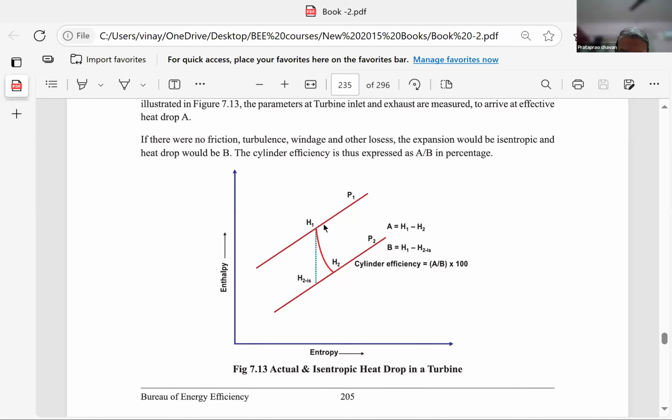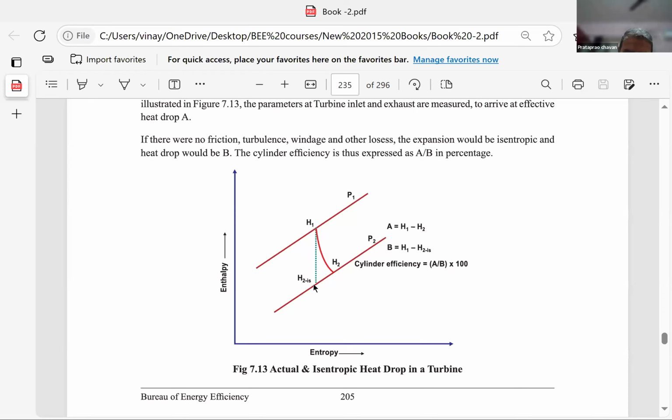What is the difference between the ideal expansion and the actual expansion? So AB, what is A? H1 minus H2. This is the column, that means the vertical axis where the measurements are. This is the value of H1, here to here. This is the value of H2, here to here. So H1 minus H2, the difference between these two, is A. And what is B?